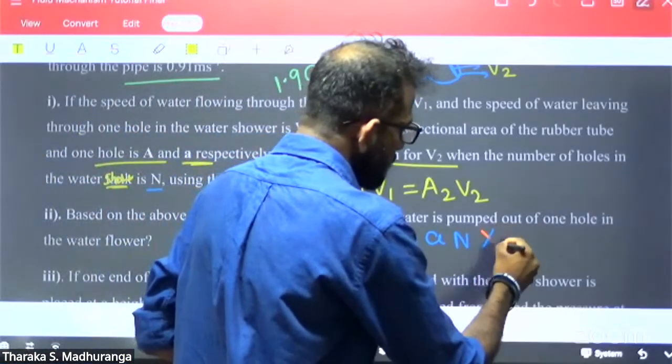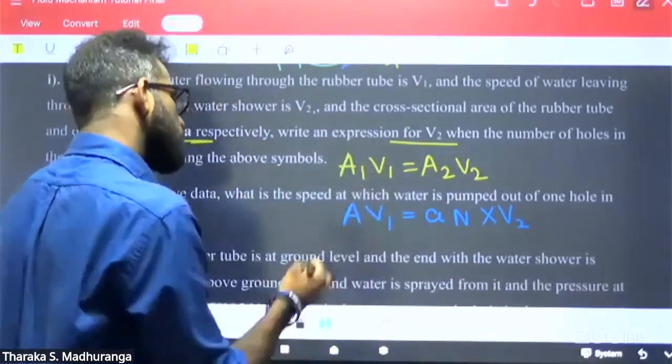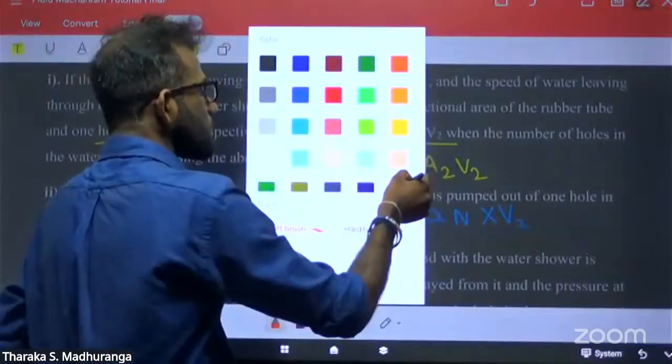V2 is what is asked. Then you can isolate V2.